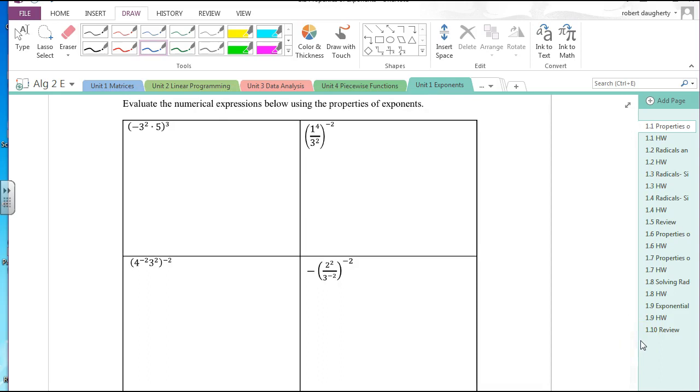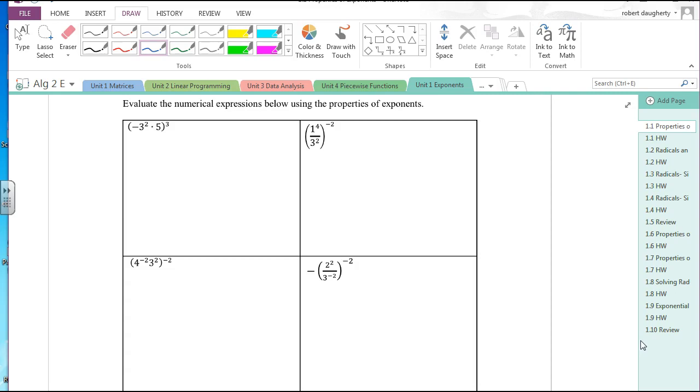So evaluate these expressions using properties of exponents. So -3 squared times 5, all to the 3rd power. So what's being cubed? Everything that's here. Now, what is this number right here? -9. So I've got a couple ways to do it.